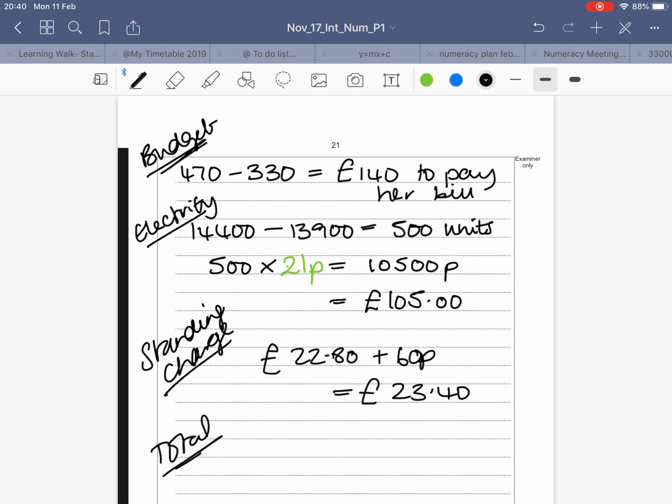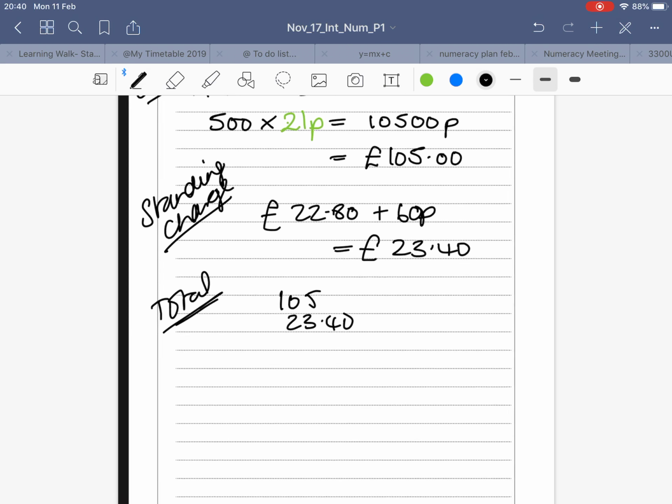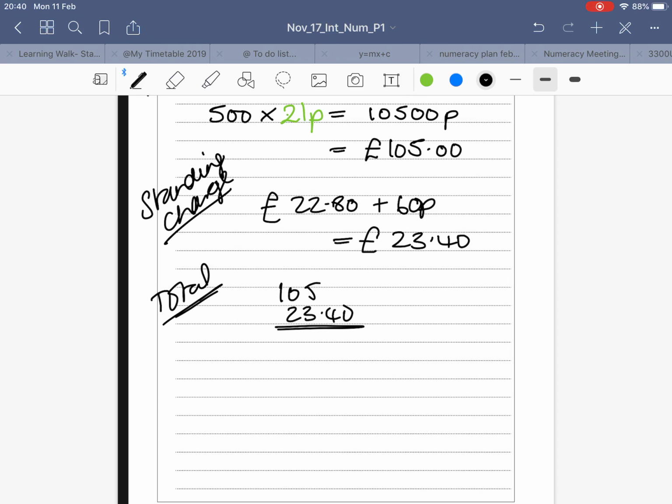The total between the units and the standing charge, £105 and the £23.40, is going to come in at £128.40. Still not done, I'm afraid, because on top of that now we need to add the VAT. VAT is at a 5% level.